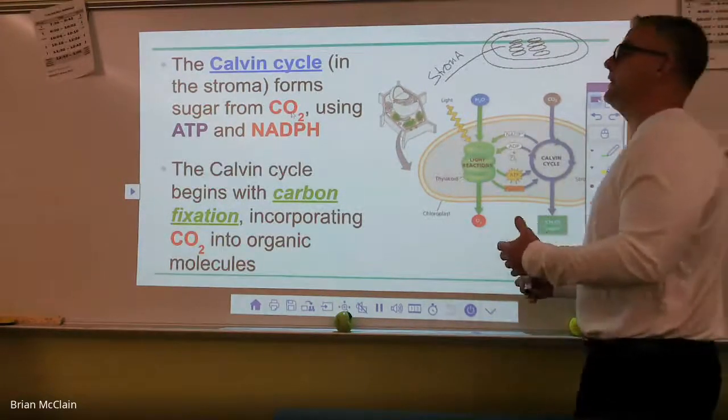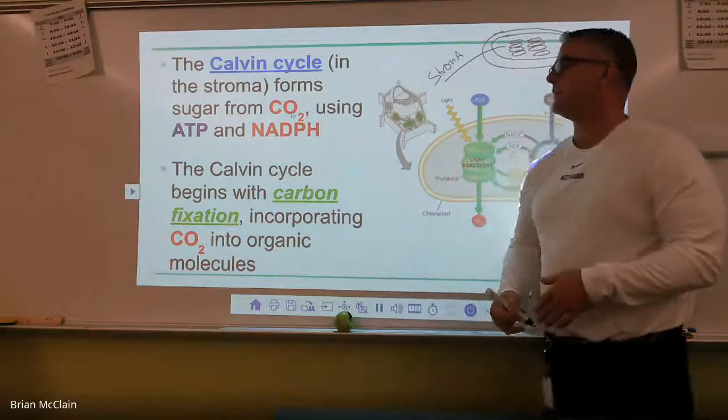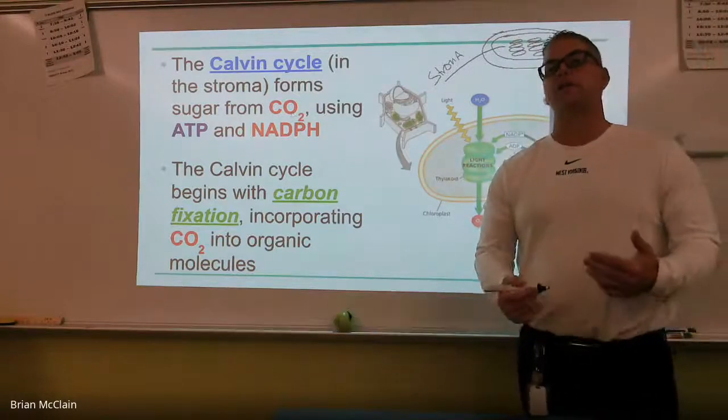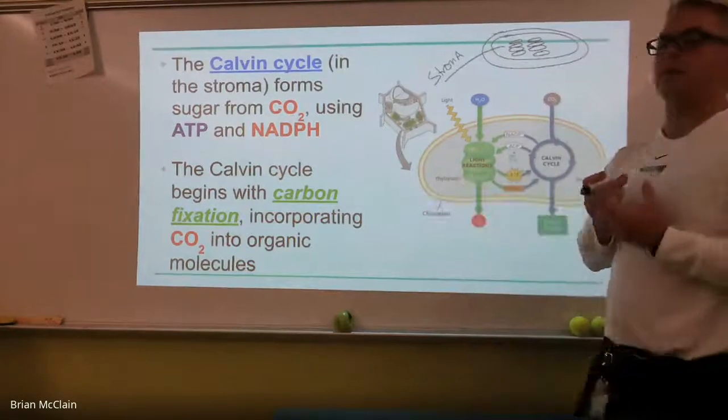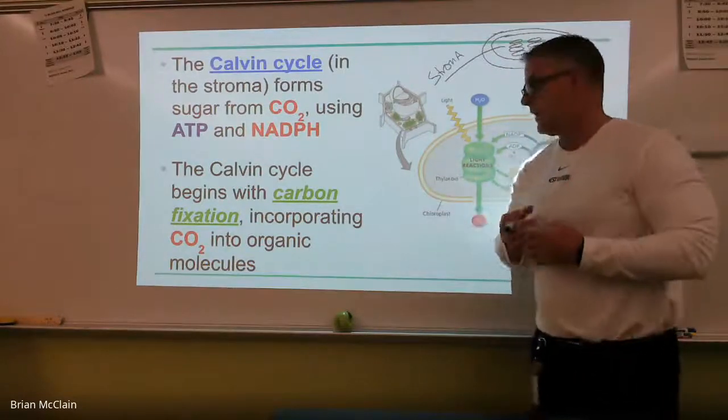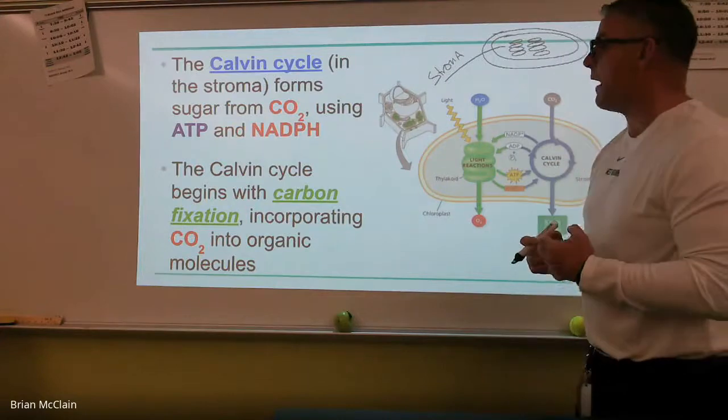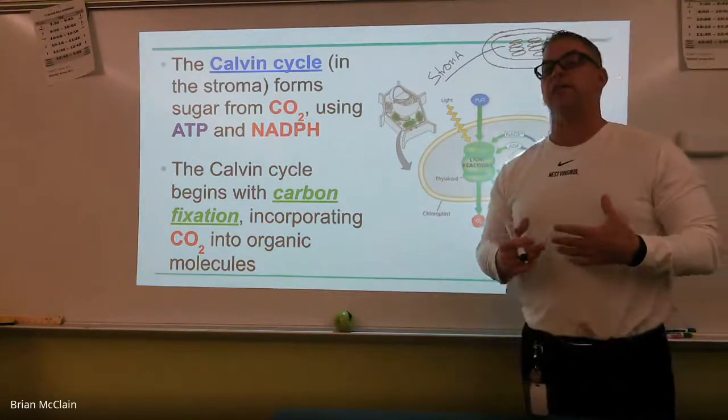And what we find is the Calvin cycle is going to use something called carbon fixation. So when you take carbon and you pull it out of the atmosphere, such as CO2, and you lock it up into organic molecules, that's the process of carbon fixation.